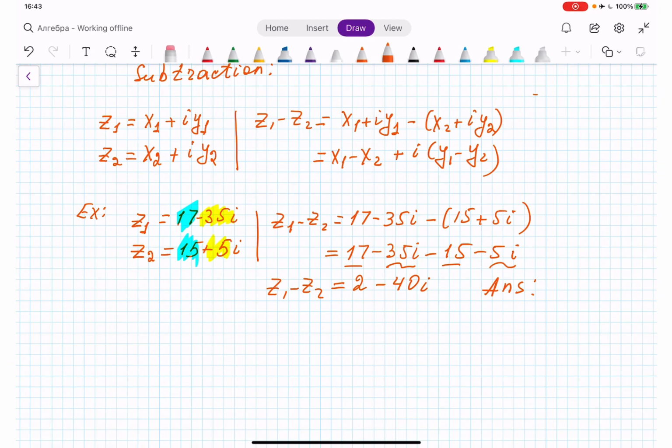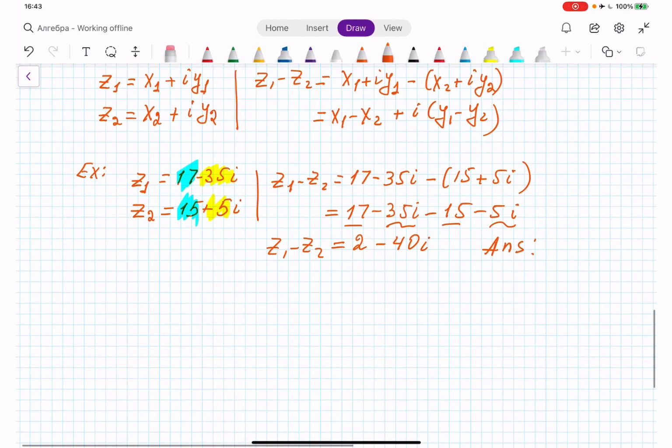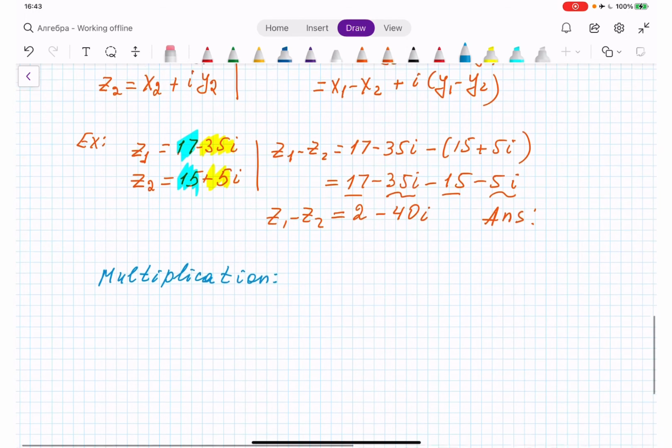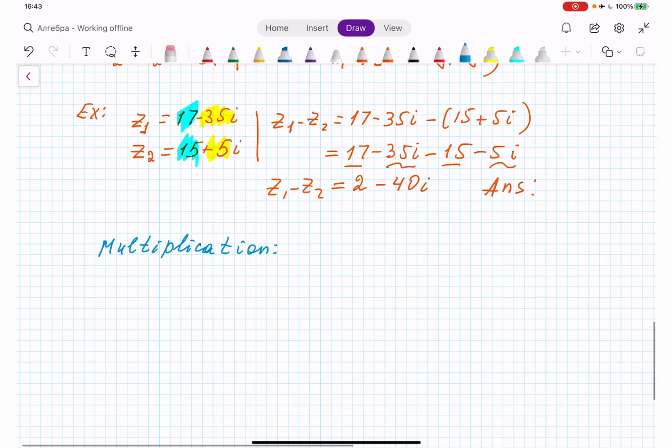Moving to multiplication. Okay, so we have z1 equal to x1 plus i y1, and z2 equal to x2 plus i y2.